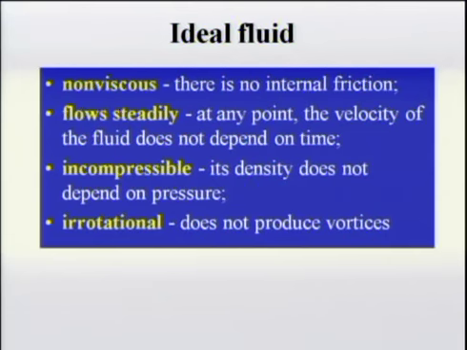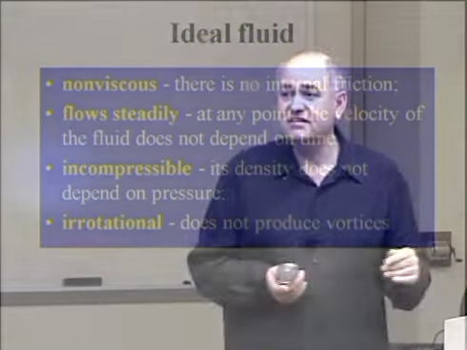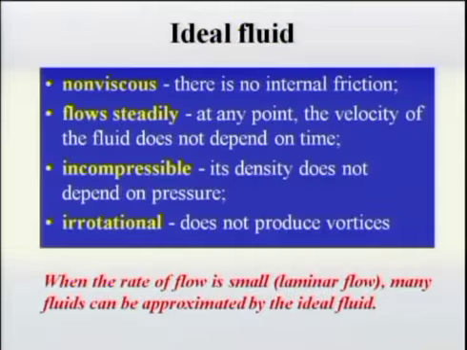If you think about water in a pipe, you can consider it as an ideal fluid. Actually, also air, if it flows not too fast in a pipe, will be an ideal fluid. And even outside, it could be approximated as an ideal fluid, when the rate of flow is small.